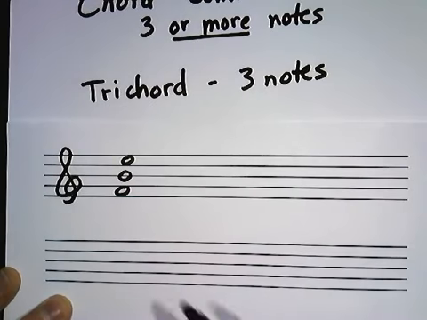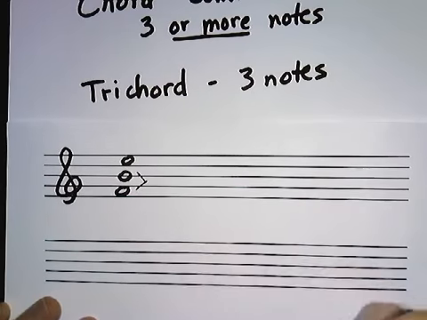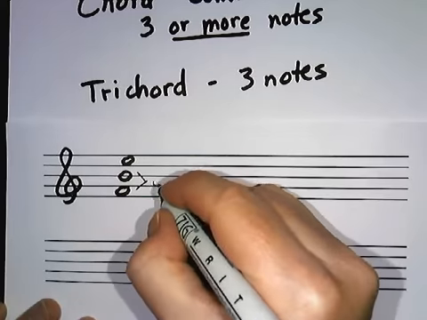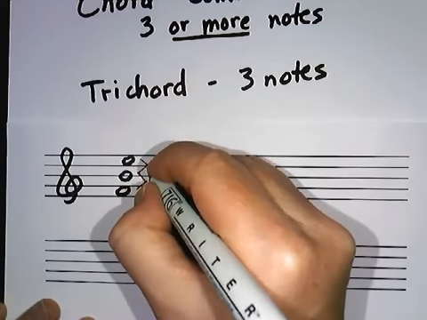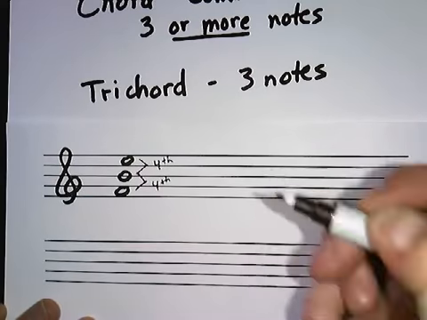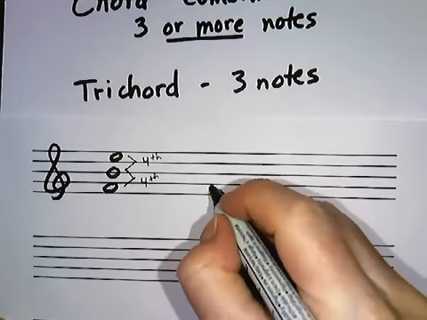Now, what I want to call your attention to is the interval between them. So here I've created a fourth, F to B: F, G, A, B, count on your fingers. So that's a fourth, and then how about the top one, B, E, A, D, that's also a fourth. It's still a trichord.